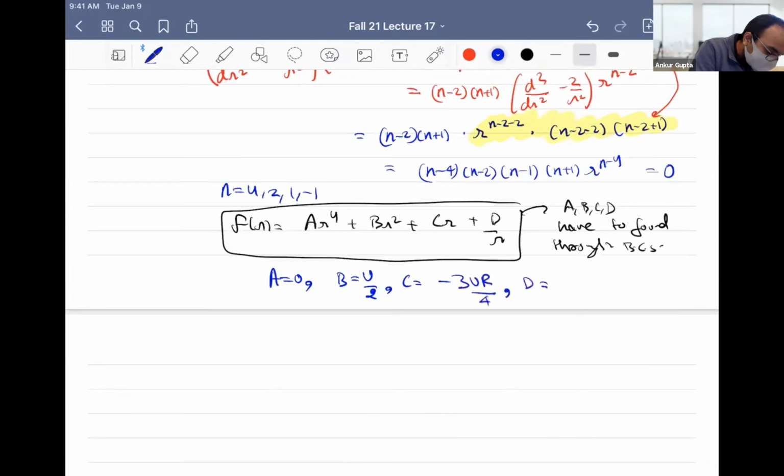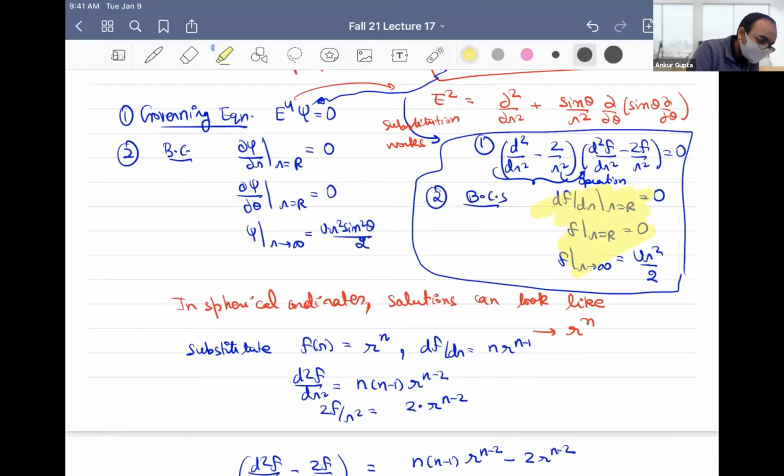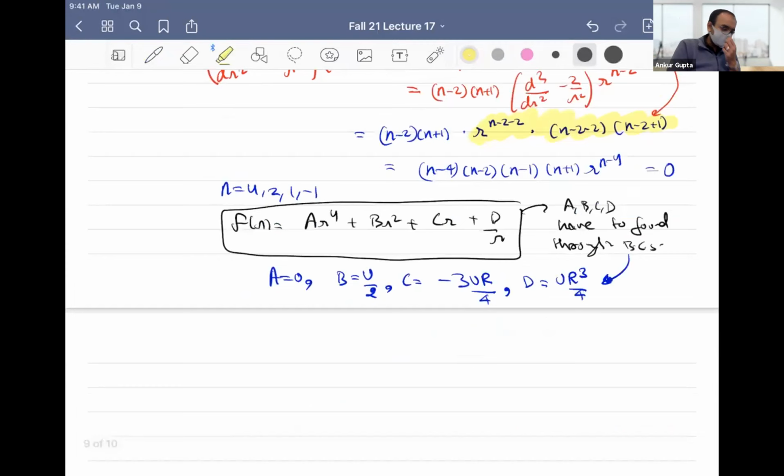And D is equal to u R cubed by 4. Okay. So from boundary conditions, if you apply, and the boundary conditions are here, just apply them and you can find the values of A, B, C, and D. And this is what the result is.